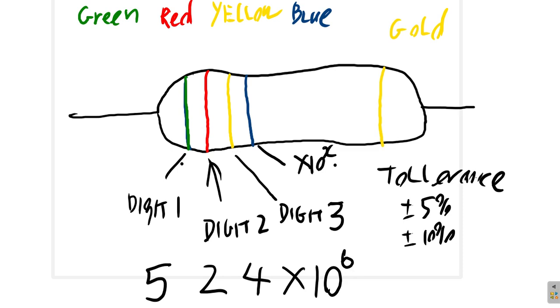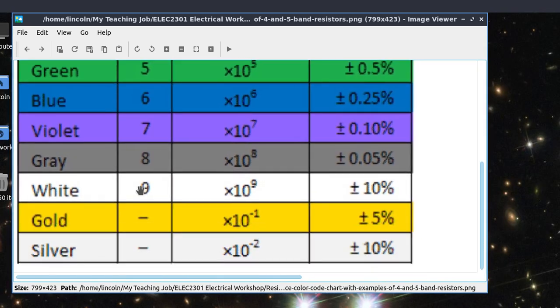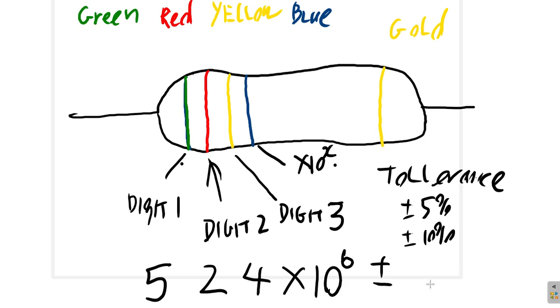Then the tolerance, or what variation from the exact value are you going to tolerate? There's going to be plus and minus. This is gold. So let's look for the tolerance for gold. Gold is plus or minus 5%. Alright. So let's work it out.